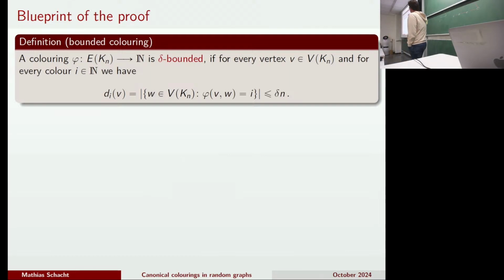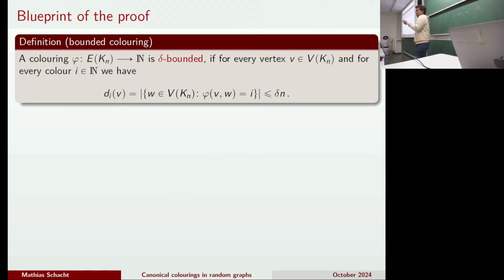So we have a coloring of the edges of K_n. The vertex set is 1 to n. We don't know anything about the coloring, but let's say it's delta bounded if the number of edges of the same color incident to one vertex is bounded by delta n.